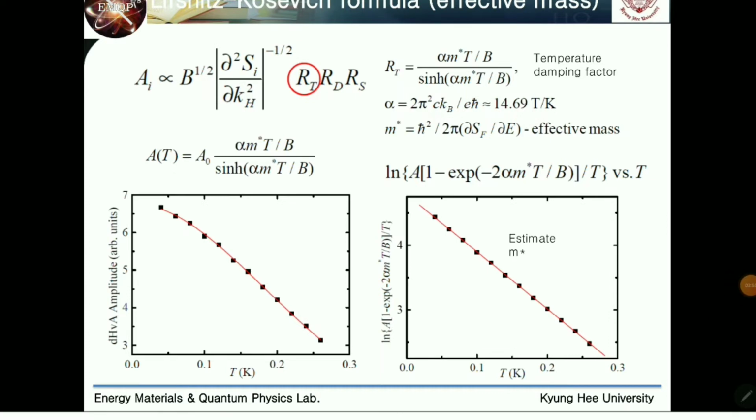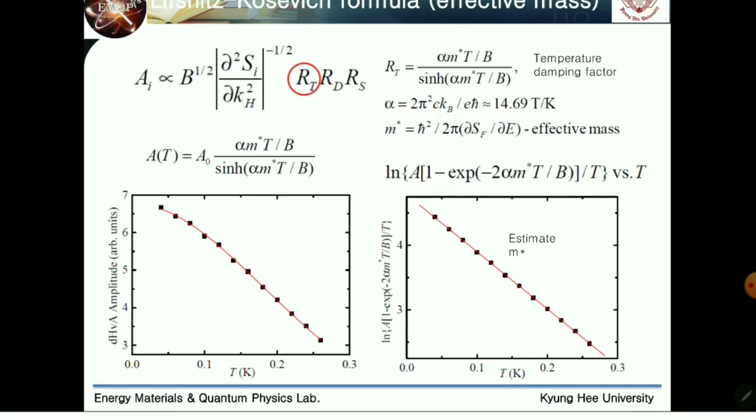The effective mass is written as h bar squared over 2 pi times the partial derivative of S_F with respect to E. RT is hyperbolic sine, alpha m star T over B, so this RT value is proportional to this formula.